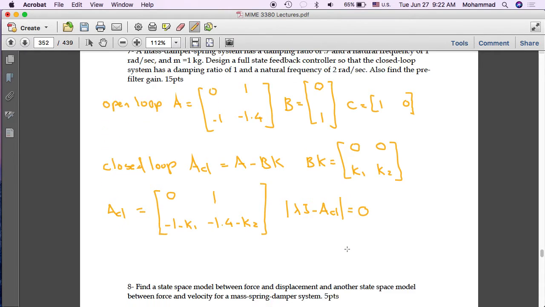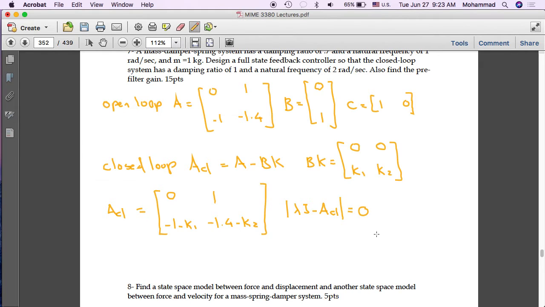Because we want to put the eigenvalues to arrive at a specific value of a natural frequency and damping ratio, we need to find the eigenvalues. And you can see that K1 and K2 will affect the value of the eigenvalue.